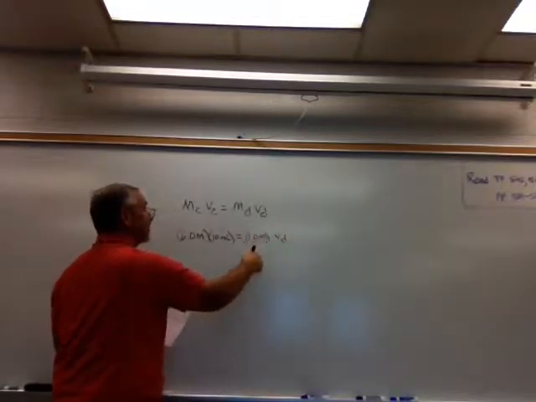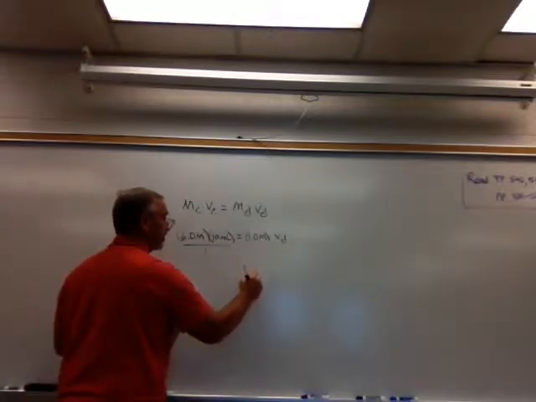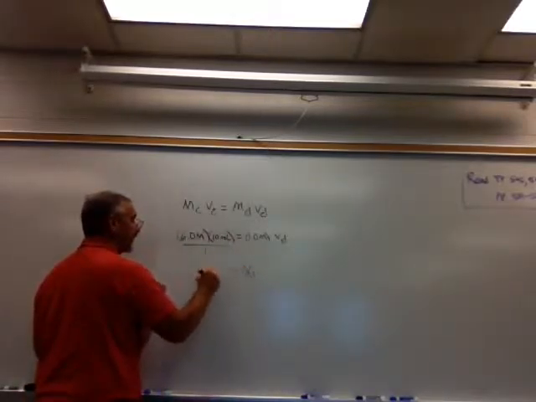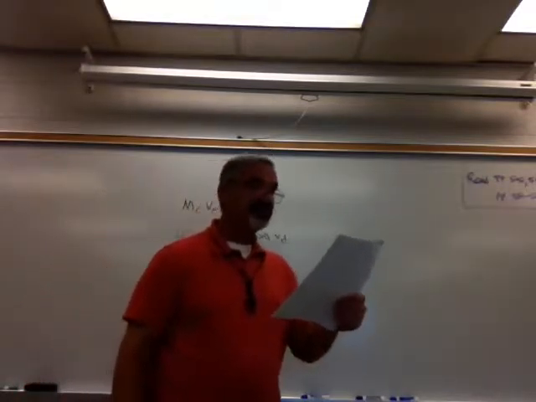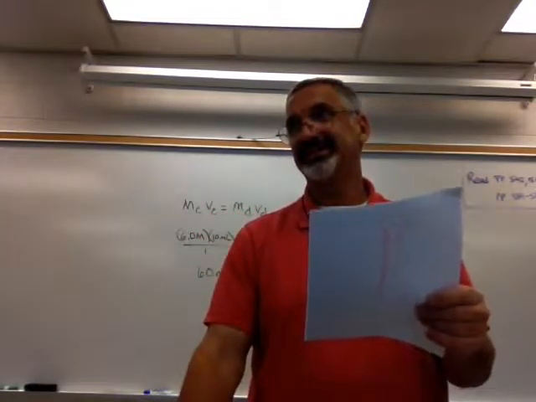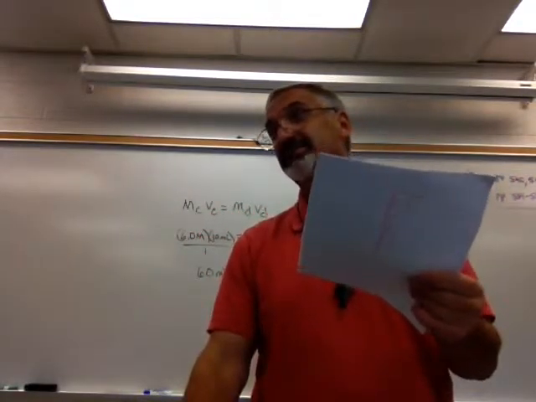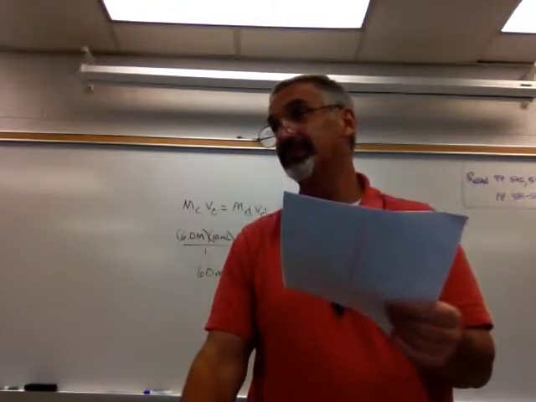VD. So obviously we divide by 1, and so the answer is going to come out to 60 milliliters. Well, why did I get it wrong? Because it says what volume of water must be added. So you started with 10 milliliters. So to get to 60, how much water do you have to add?